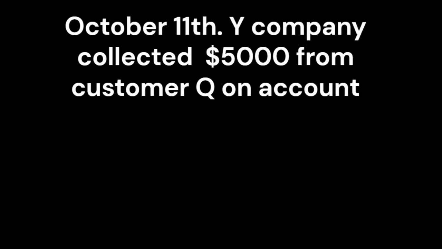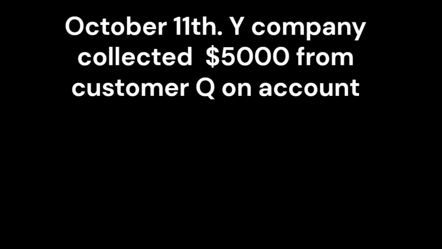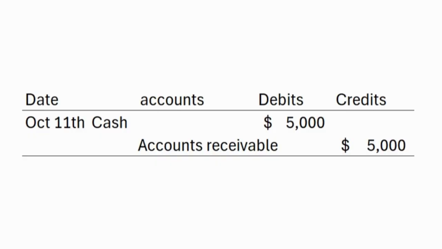October 11th. Y company collected $5,000 from customer Q on account. Answer. Debit cash $5,000 and credit accounts receivable $5,000.